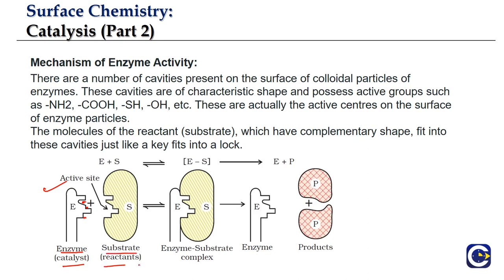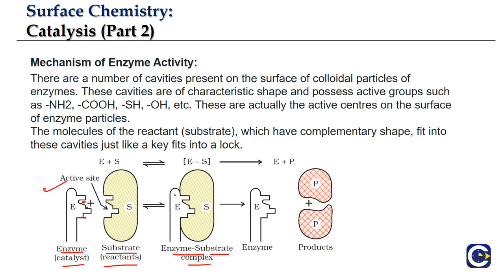The substrate or the reactant which has a complementary shape only can come and attach to form the enzyme substrate complex, and this depends upon the complementary shape of both these molecules. That is the reason why the enzyme activity is very selective in nature.